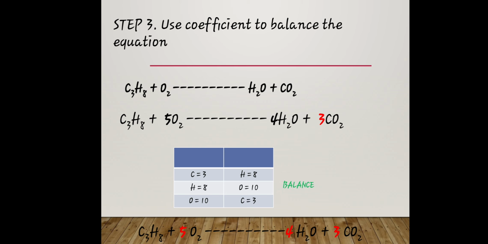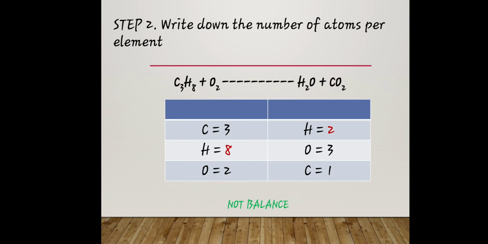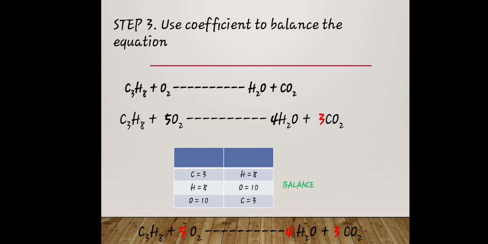In the reactant, it is 8, and in the product, it is actually 2, right? So, how can we make it into 8? Just find a number that you can multiply by 2 and the result is 8. What number can we multiply by 2 so the result is 8? It is 4. So, you have to multiply it by 4.